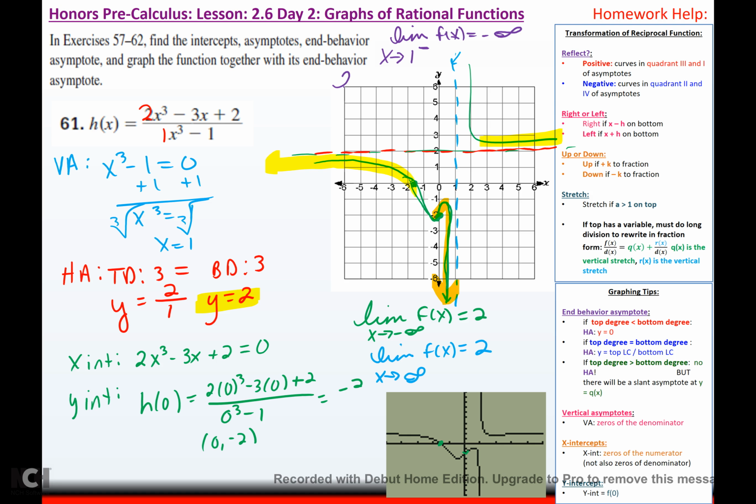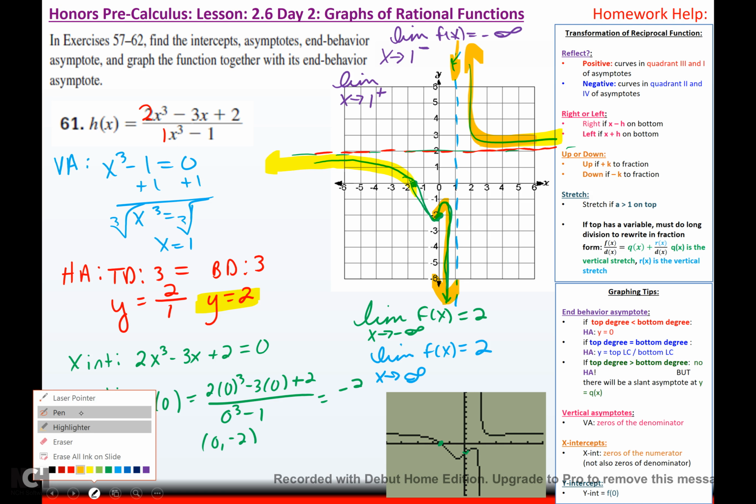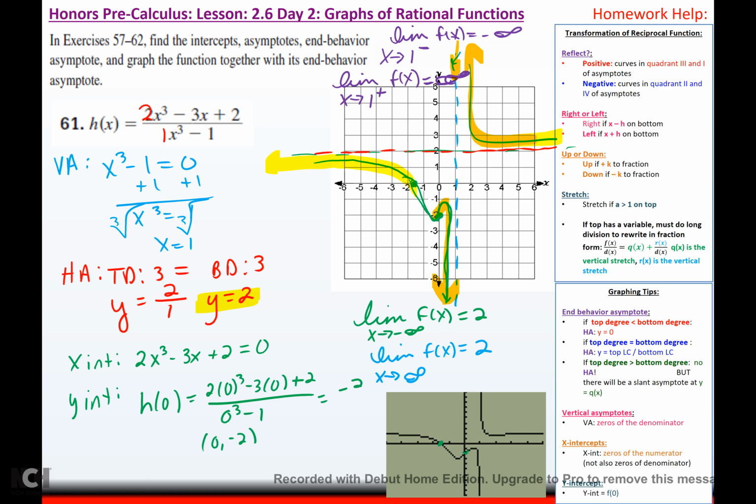And if I do the limit as x approaches 1 from the right, now I'm tracing it, I'm getting close to this line from the right, and that makes my function go up, which means as I take the limit, my function is going to positive infinity. Okay? So there's your limits.